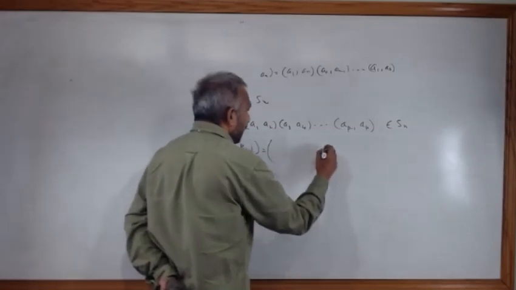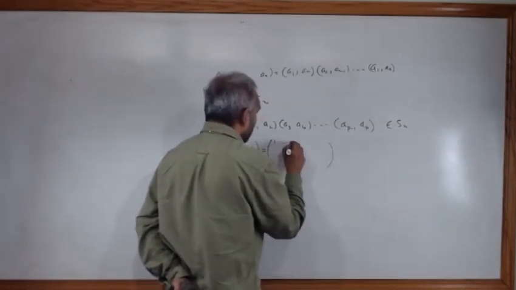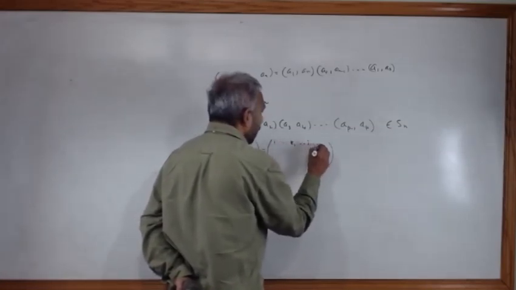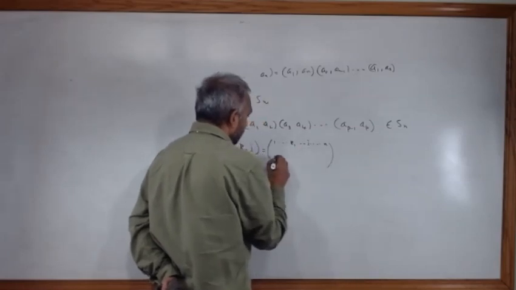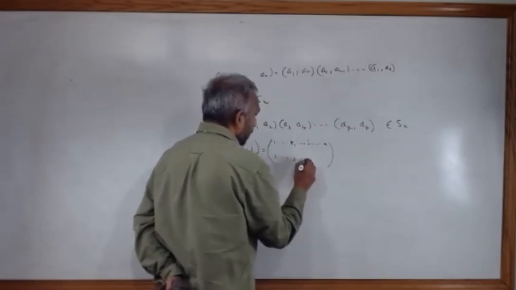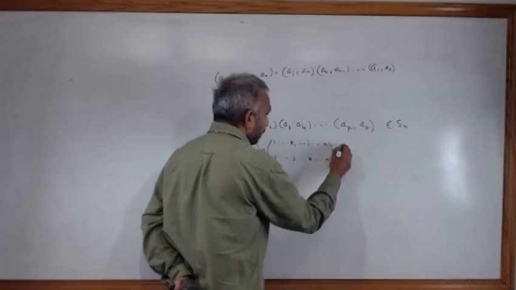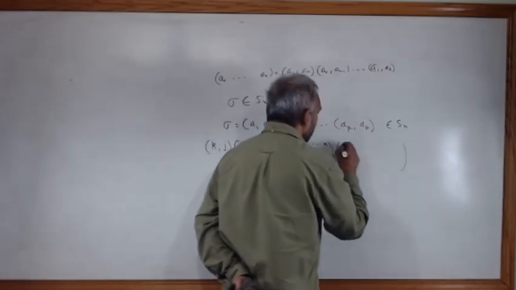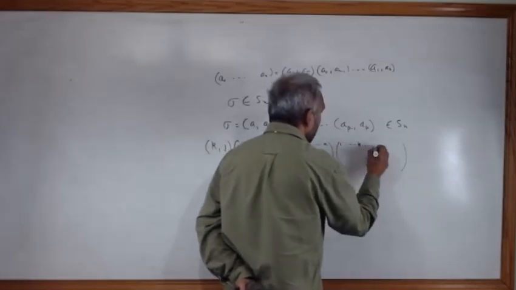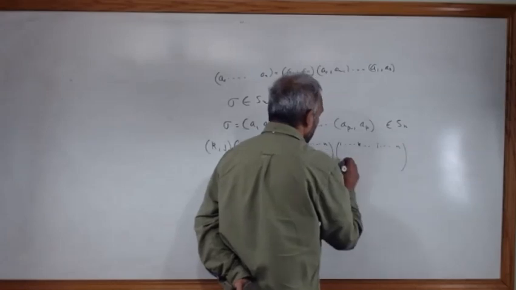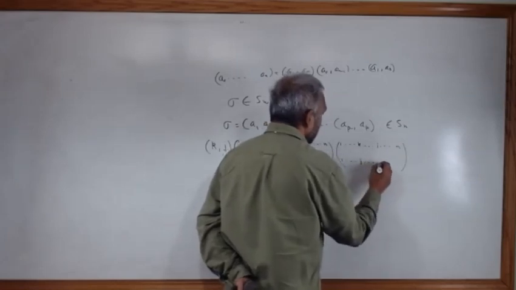So it is going to be 1, k, j, n going to 1, j, k, n, and you are composing with the same thing.